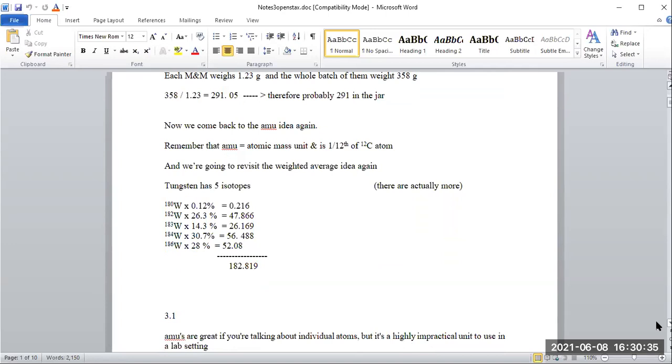I looked up tungsten's isotopes, and there are, I think, 11. I fiddled the data a little bit to make it a more manageable problem as an example. So we're going to say that tungsten has 5 isotopes: 180, 182, 183, 184, and 186.